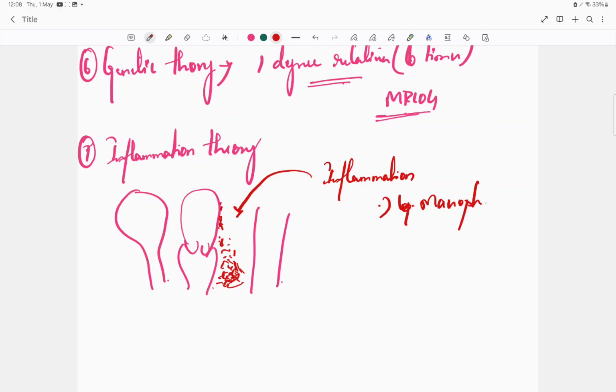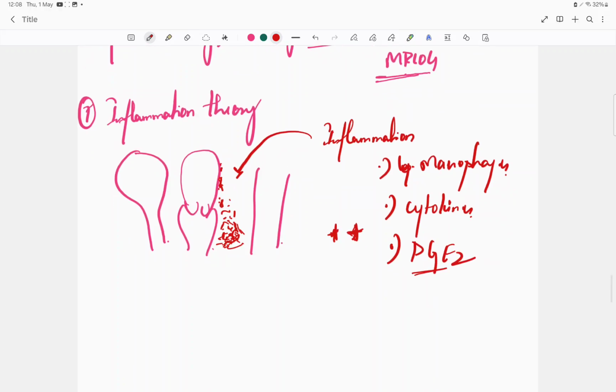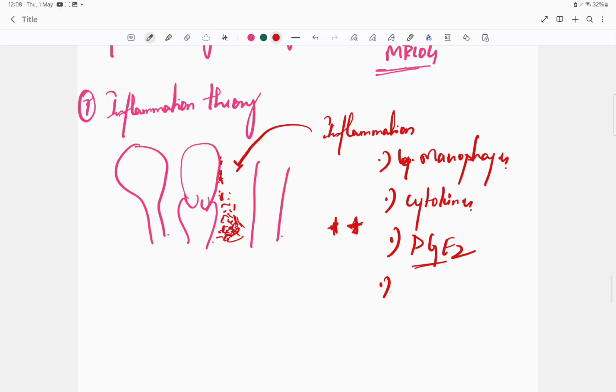Macrophages, cytokines, very important, PGE2, that is prostaglandin E2, and of course growth factors, including angiogenic factors.